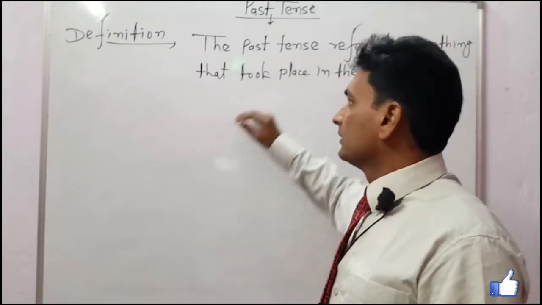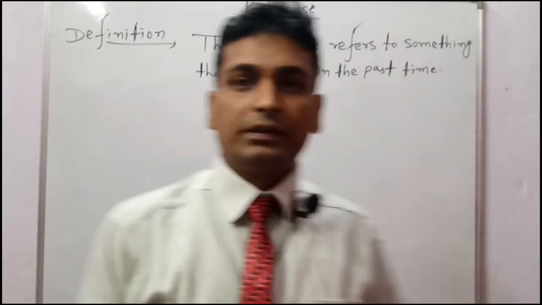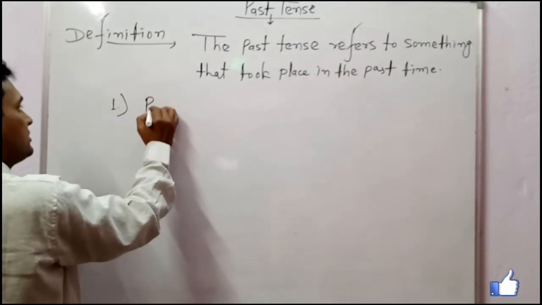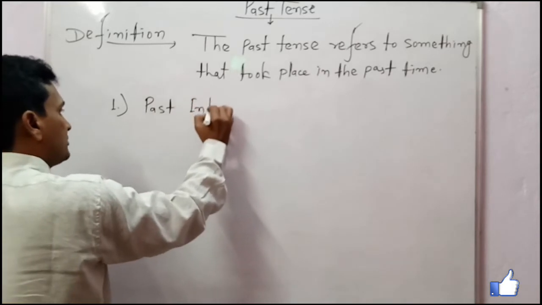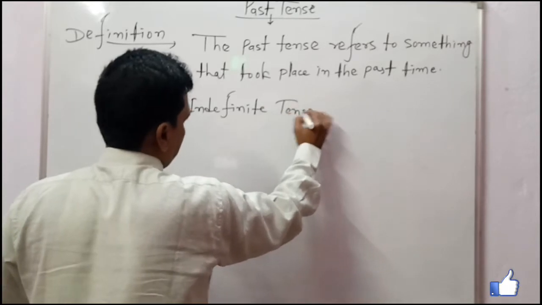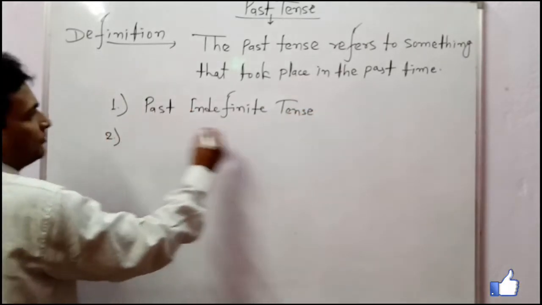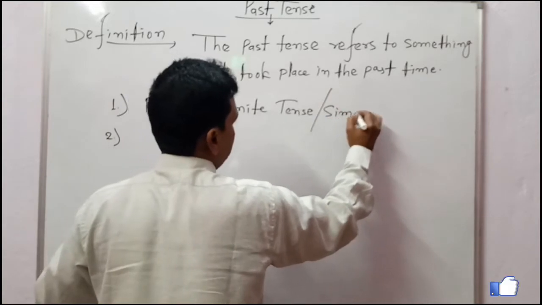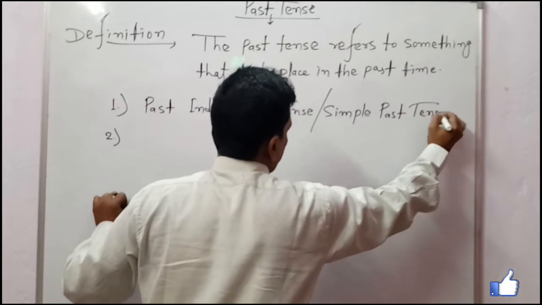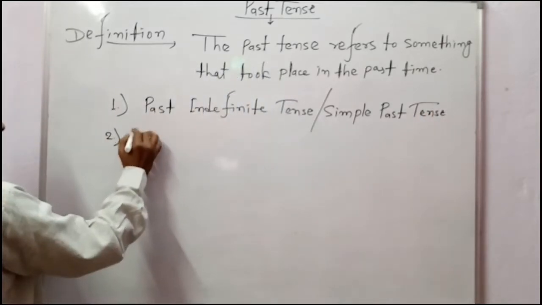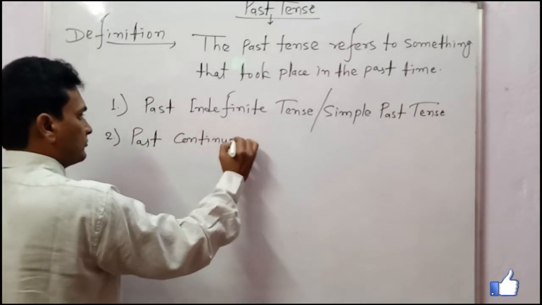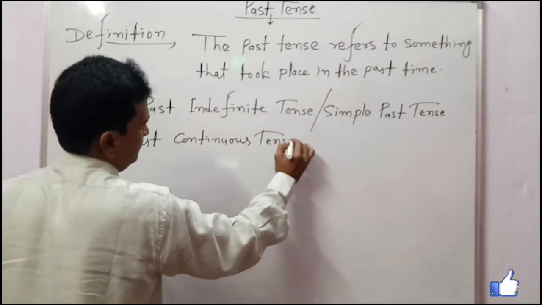Like the present tense, the past tense has also 4 kinds, right? Let's do that. The first one is past indefinite tense, also known as simple past tense, right? The second one is past continuous tense.